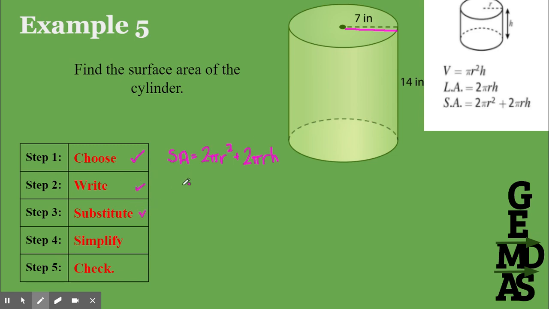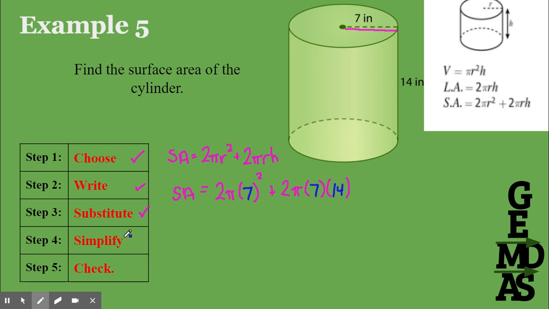Now we're going to substitute into our formula. Surface area equals 2 times pi, again that's a number, times the radius squared, plus 2 times pi times the radius times the height. Well, we know the radius is 7 and the height is 14.